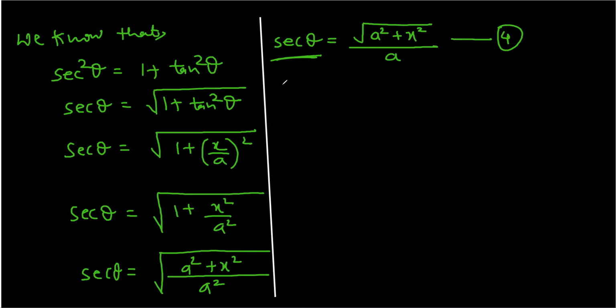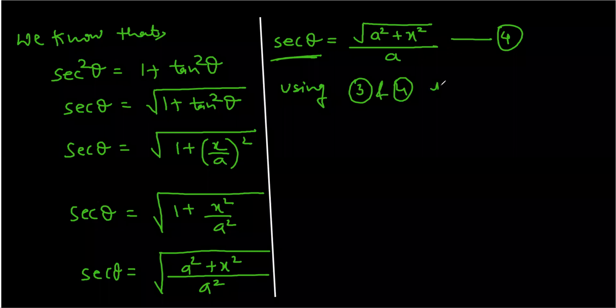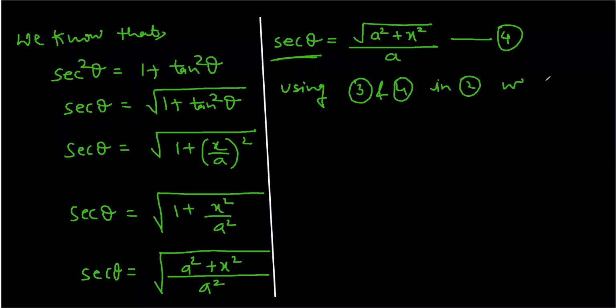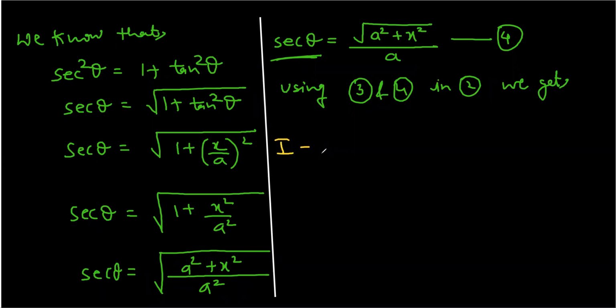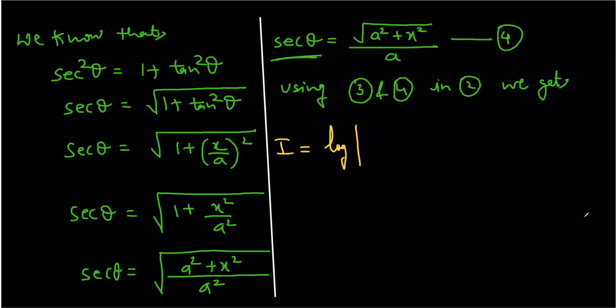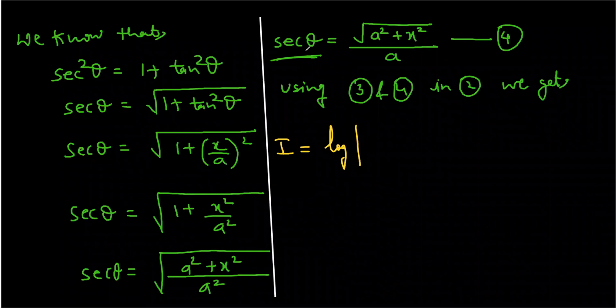So I write here using 3 and 4 in 2, what do you get? You get I equals log of sec theta plus tan theta, it was. You remember sec theta plus tan theta? So log of sec theta. What is sec theta? Sec theta is this.